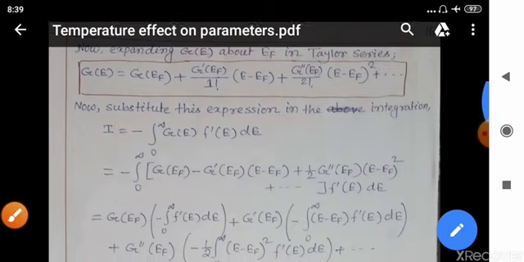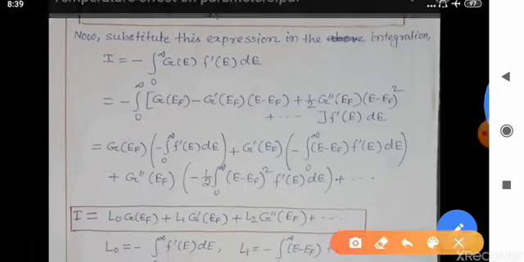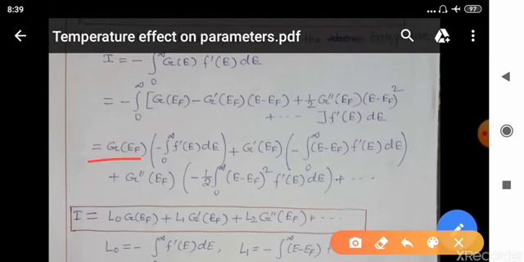If we rearrange the terms, we get G(EF) out of the parenthesis, and inside the parenthesis is the integral from 0 to infinity with negative sign of F prime dE. The second term is G prime (EF) times minus the integral from 0 to infinity of (E minus EF) F prime dE, because G prime (EF) is a function of EF, and EF is a constant energy, so we can take it out of the integration.